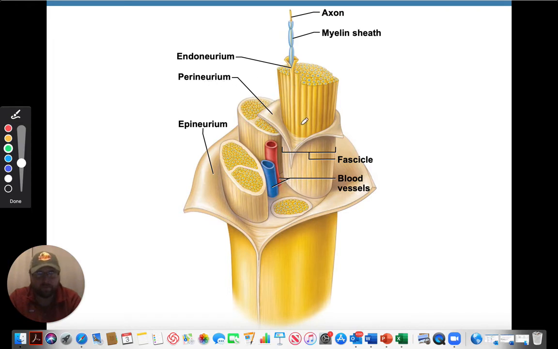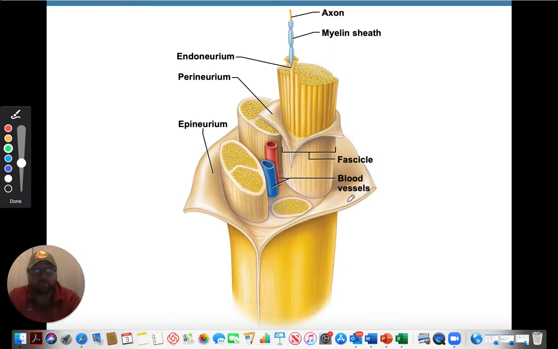Now a group of these fascicles is called an epineurium. No, I'm sorry, it's called a nerve, but the connective tissue that goes around it is called the epineurium. Just to go over that one more time, because I messed it up right there: the epineurium is the tissue layer that goes around the outside of the fascicles. That's the final tissue layer, and then collectively that whole structure is what we commonly call a nerve.